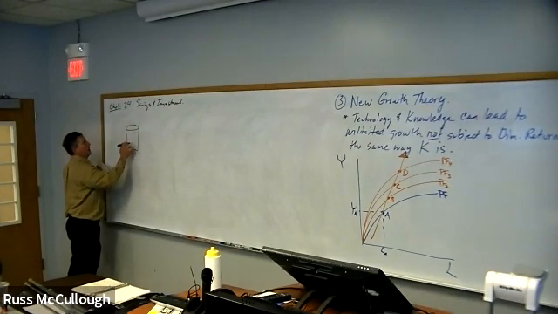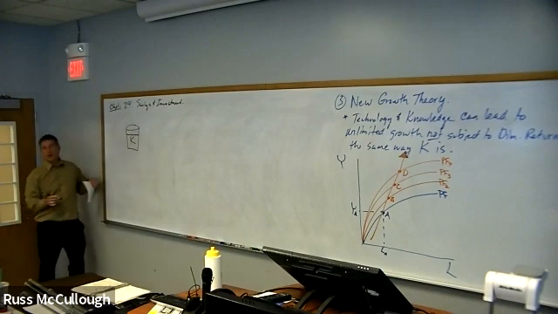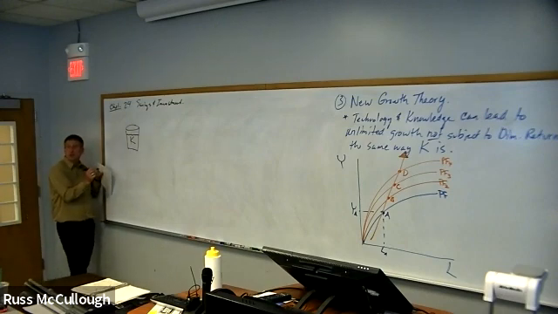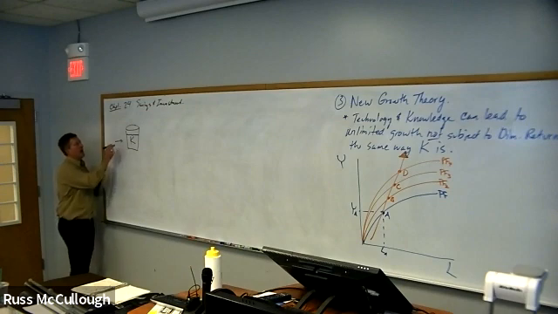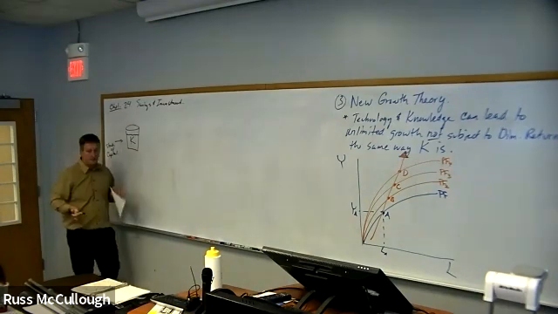Okay, so if we think about our capital bucket, right, it has a certain level. At a point in time, we have a certain amount of machines. So the capital bucket is the stock of capital. It's a stock variable.